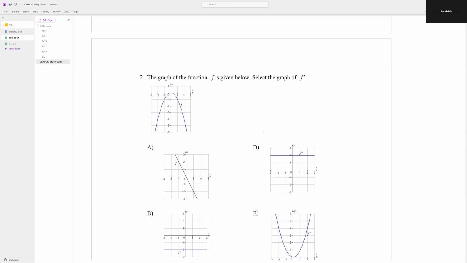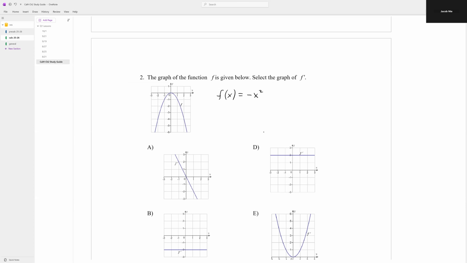And so when we look at this graph, what we see is an upside down parabola that opens downward. And so that tells us that f of x is probably going to be something like negative x squared. Maybe not exactly like that. It turns out it is exactly negative x squared, but we know there has to be a negative quadratic expression.